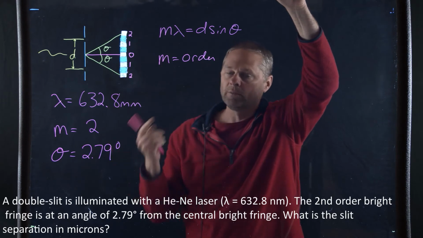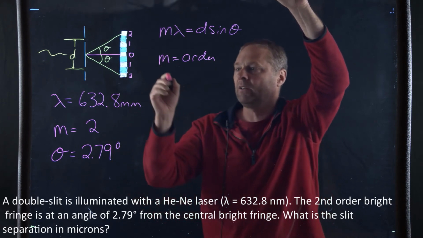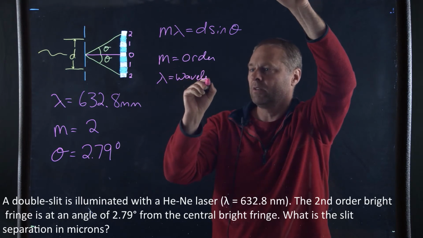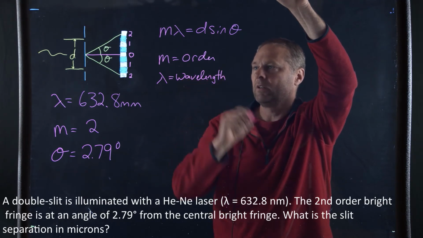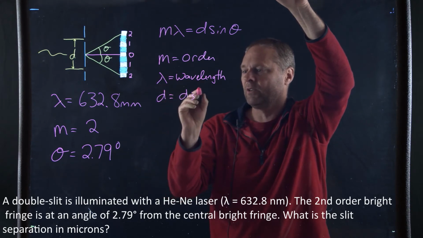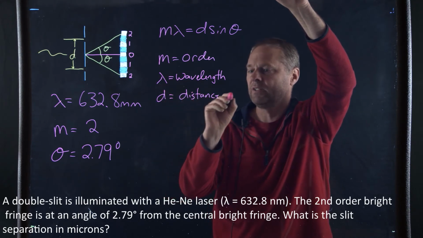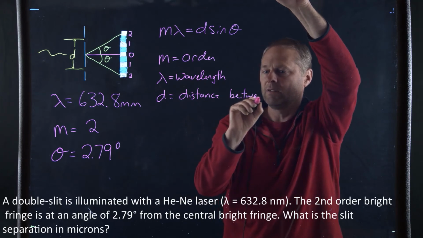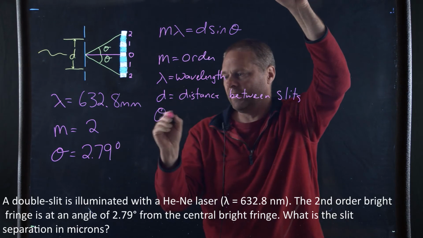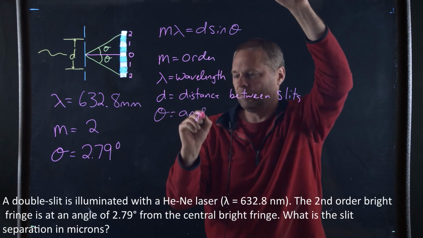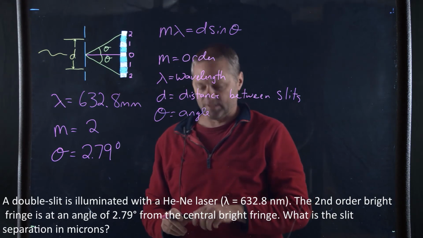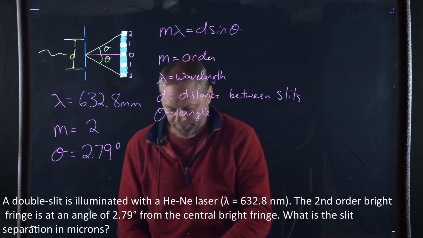Lambda, as we've seen before, is the wavelength. d is the distance between the slits, and theta is our angle. In this case, we're looking for the distance. We want to solve for the distance.